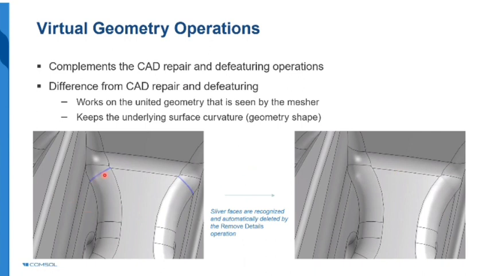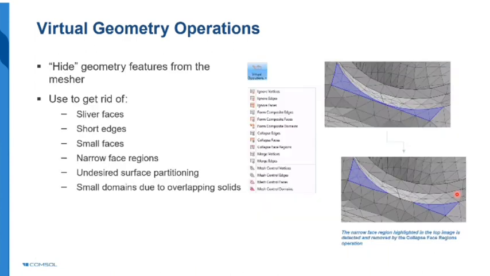So for example, if this is the original geometry that you have, rather than removing these small sliver faces, what we have done is use these virtual geometry operations. Here you can see that the curvature of that surface is maintained, but the sliver face thickness, where otherwise a very fine mesh would have been created, has been hidden from the mesher itself.